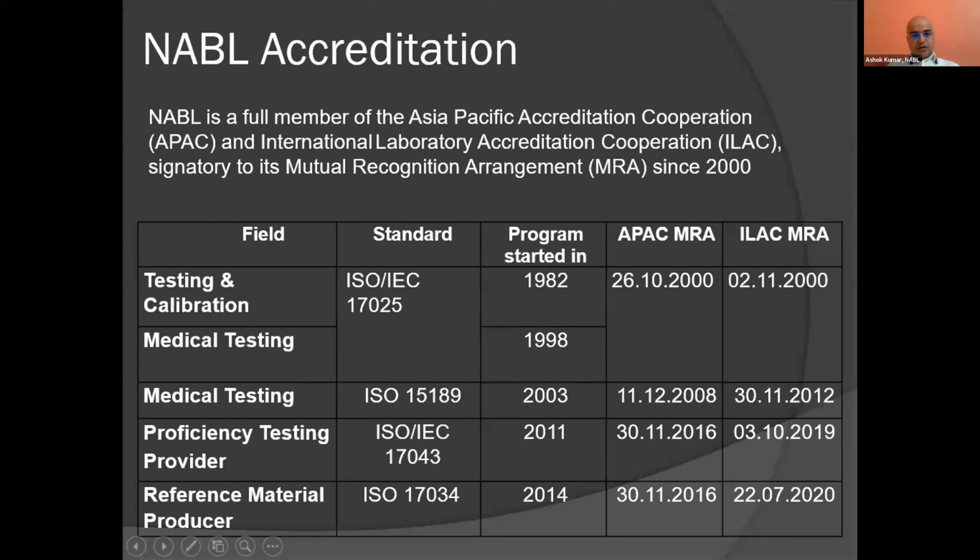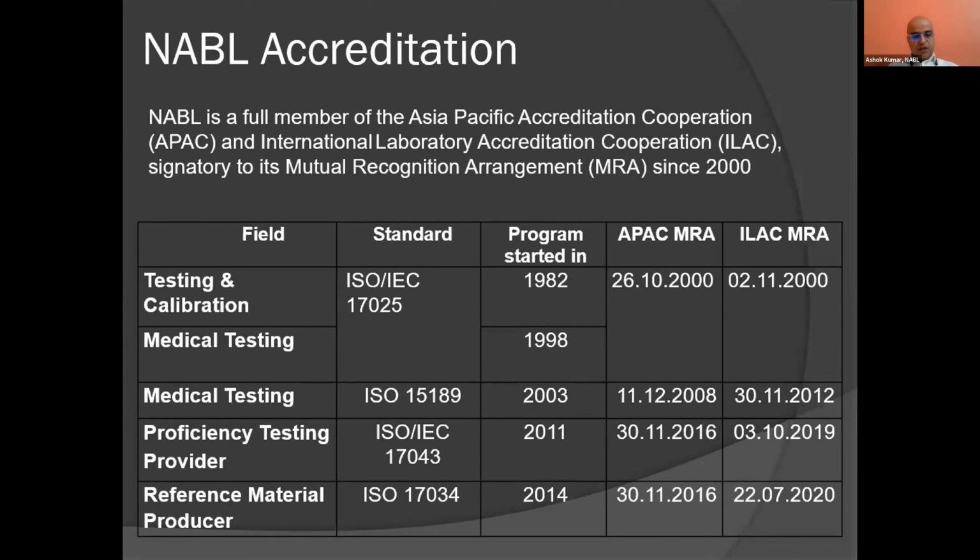After that, we got the APAC and ILAC MRA in the year 2000, and then when we got our own standard for medical testing, ISO 15189, the program under ISO 15189 started in 2003 with the first edition, the ISO 15189 2003 edition, and we got the first APAC MRA in 2008, and subsequently the ILAC MRA in 2012.